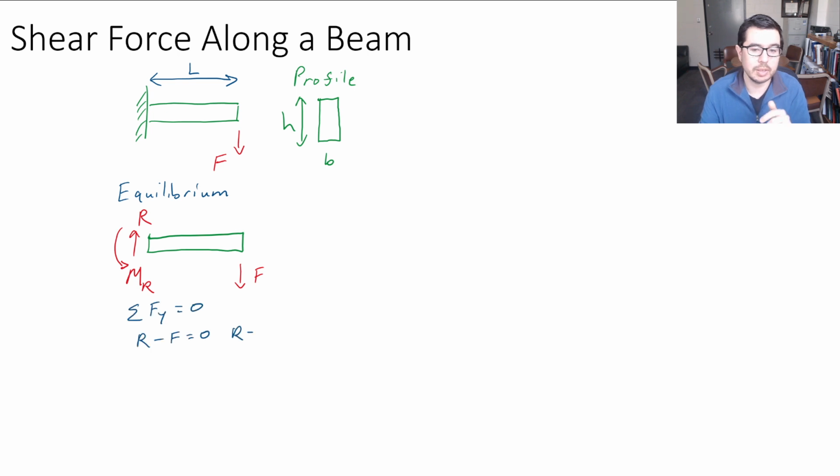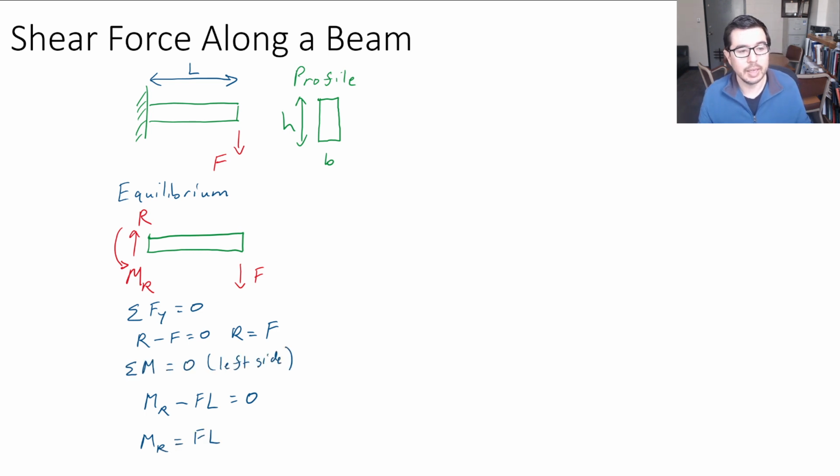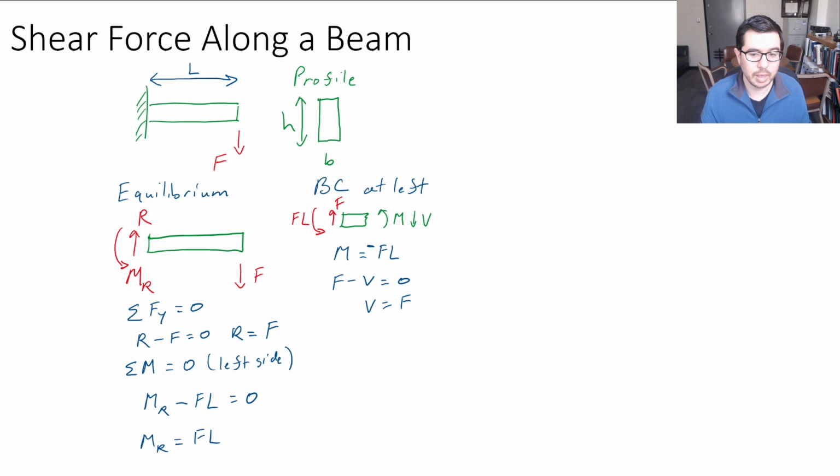We've done this before. We know that M_R is equal to FL, and R is equal to F, and we can look at the boundary condition at the left, and say the internal shear force is going to be equal to F, the boundary condition at the right.